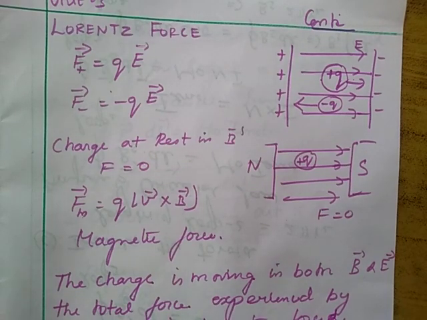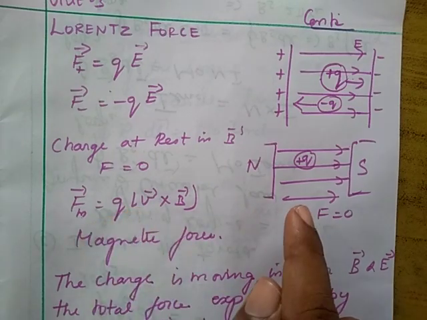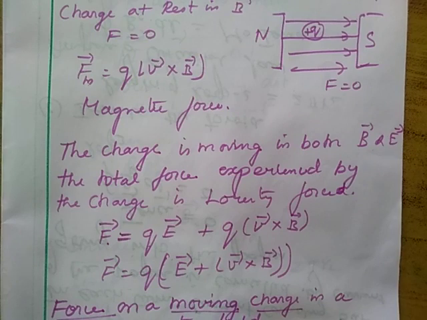If the same charge moves with a velocity v but not perpendicular, the velocity would be split into two components, one parallel and the other perpendicular. The parallel component does not change, but due to the perpendicular component it experiences a Lorentz force and moves in a helical path.